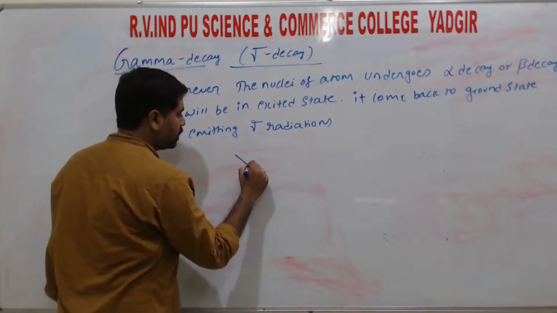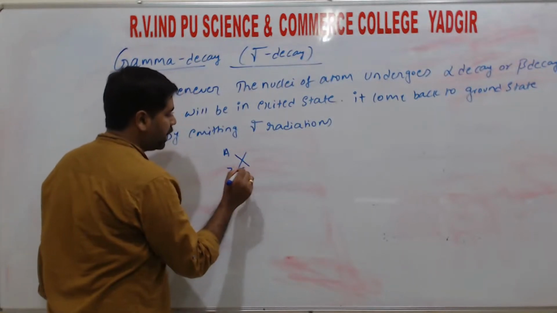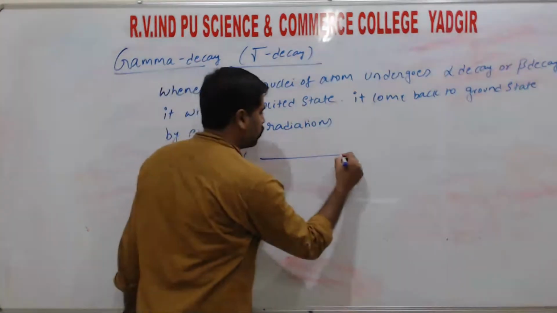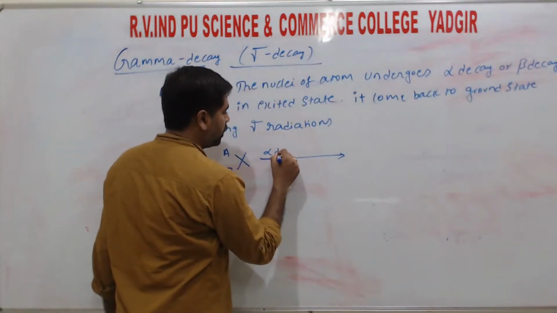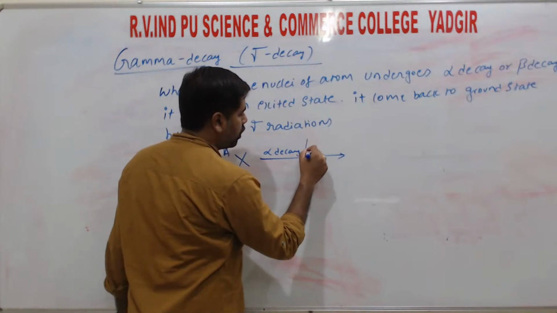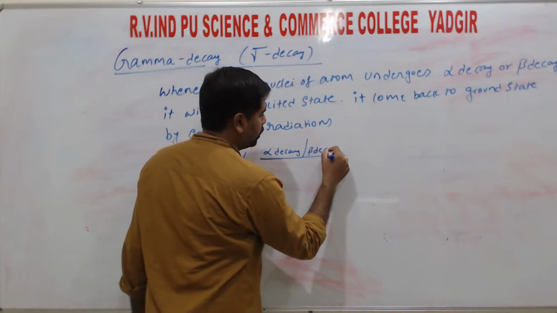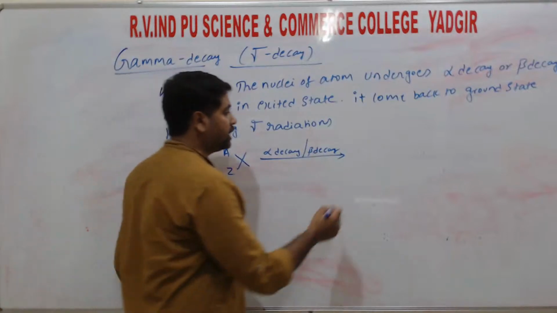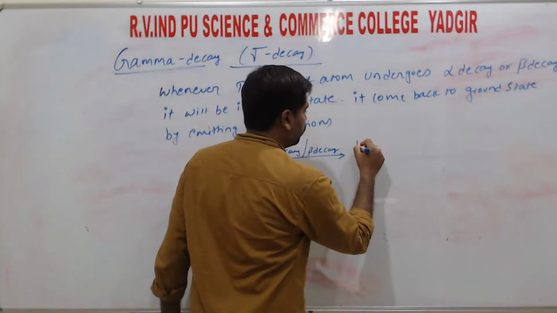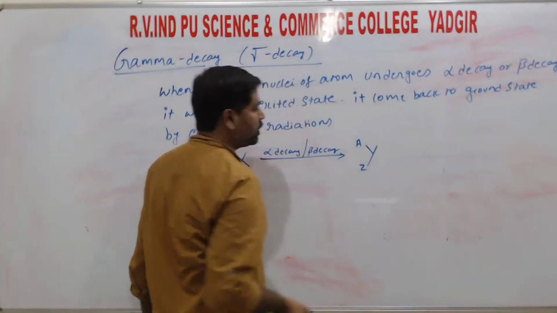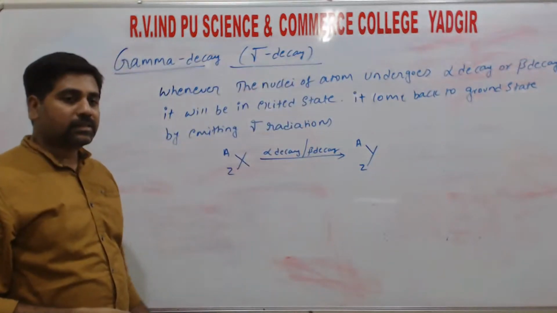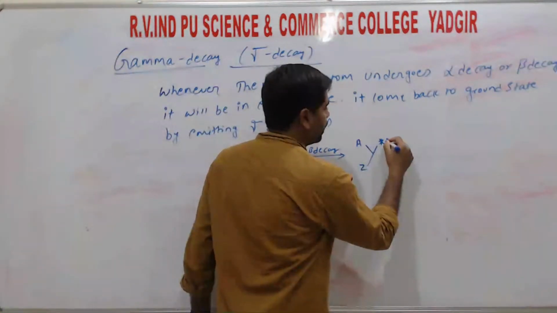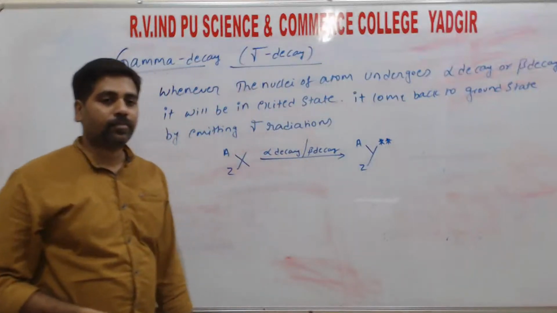So if we write in general, when A X Z, that is the parent nuclei, undergoes alpha decay or beta decay, then it goes to excited state, right? As mass number and atomic number remain the same, the excited state is indicated by these stars.